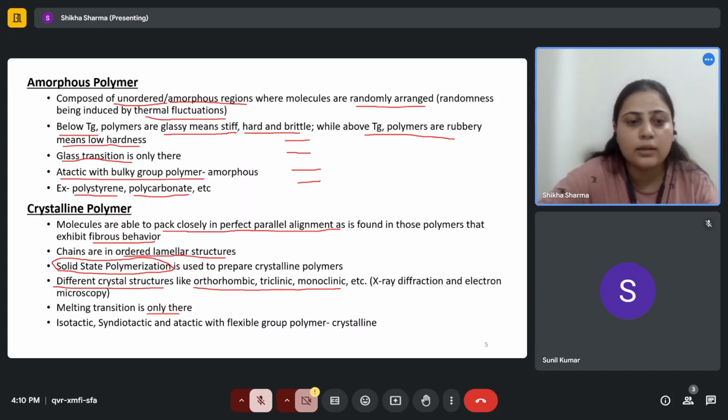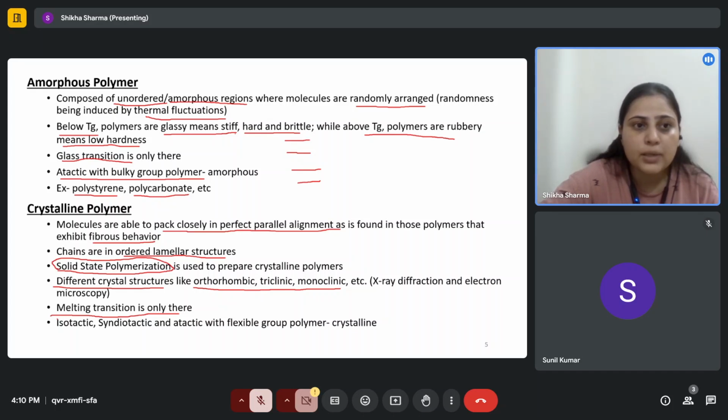meaning when the temperature is increased, the crystalline polymer will melt and start flowing. But in the case of the amorphous polymer, when we increase the temperature, there is the glassy to rubbery transition, right? But in the crystalline polymer, when it is heated, it will start flowing, because the bonds and the interlinks will break.